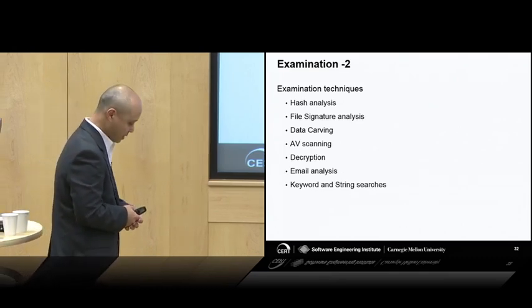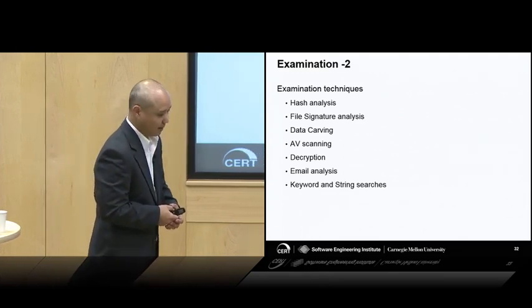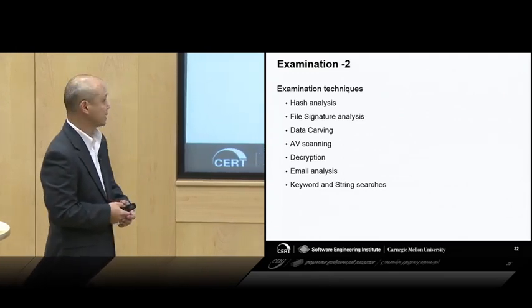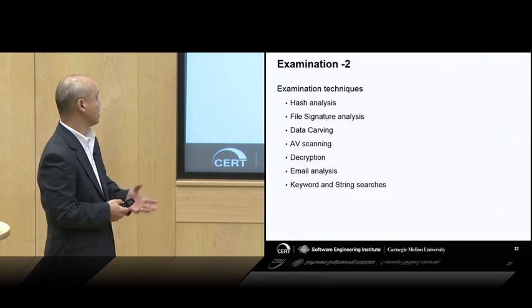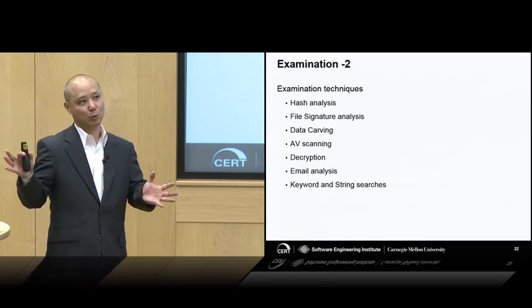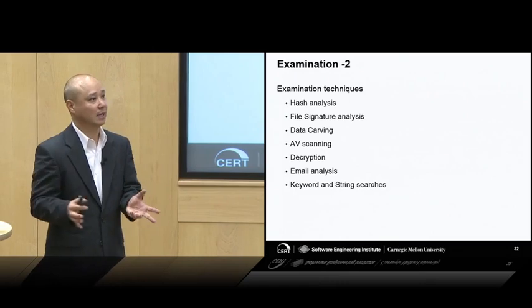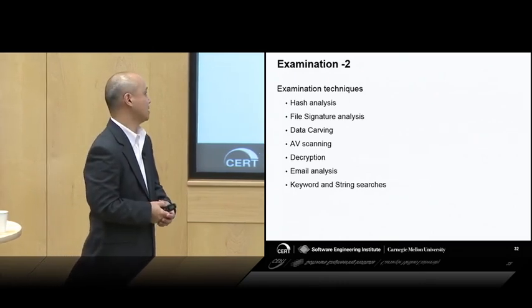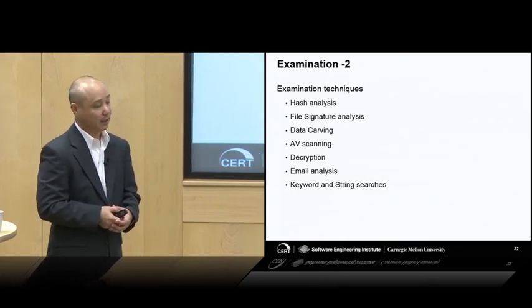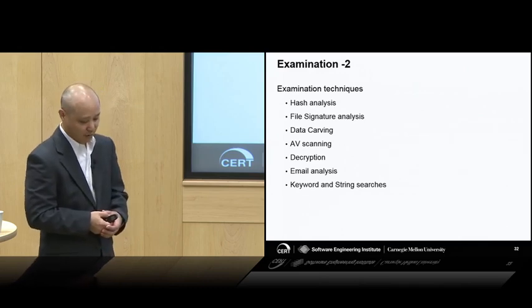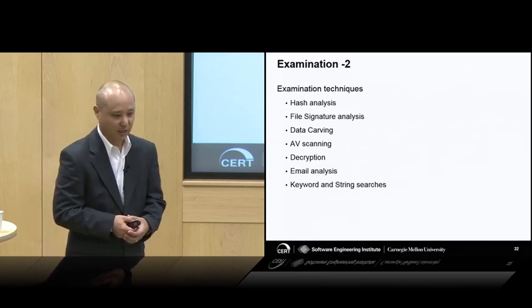Keyword and string searches, right? These could be quite a few different things, but in order to get the huge amount of data down into a manageable size, you may need to use some of these keywords or strings to bring that down to a reasonable size.